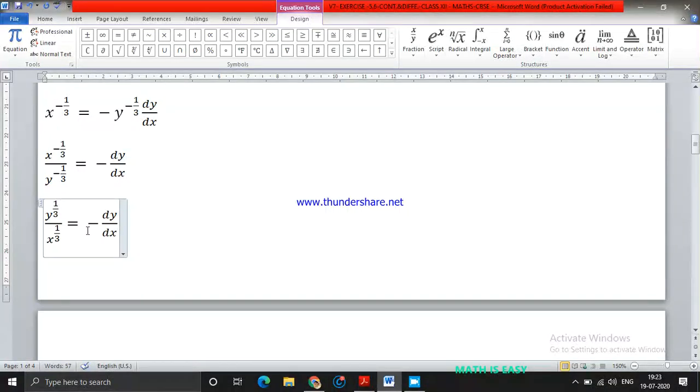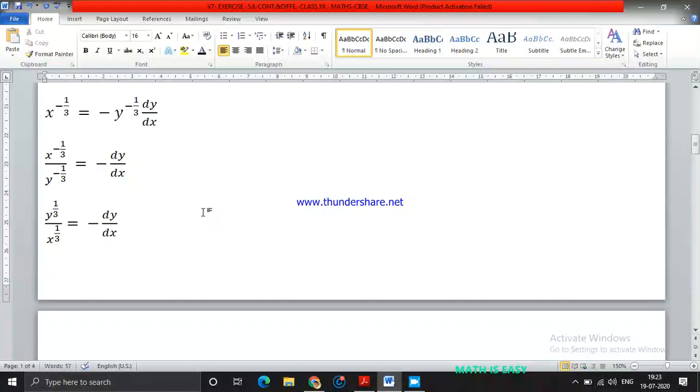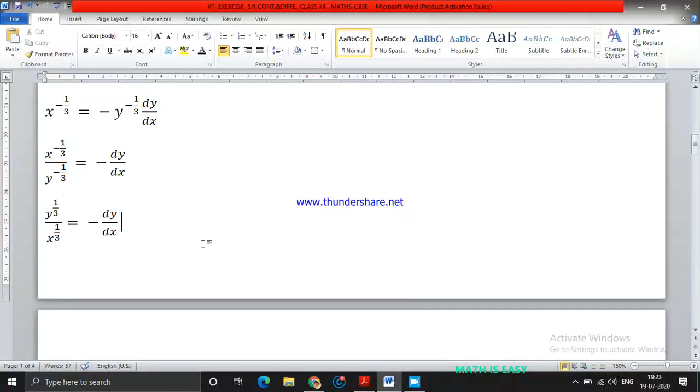If you want, you can bring this minus sign to the right hand side. It will become minus y to the power of 1 by 3 upon x to the power of 1 by 3. Or for more simplification, you can write minus y by x whole to the power of 1 by 3. Okay, so this is the answer.